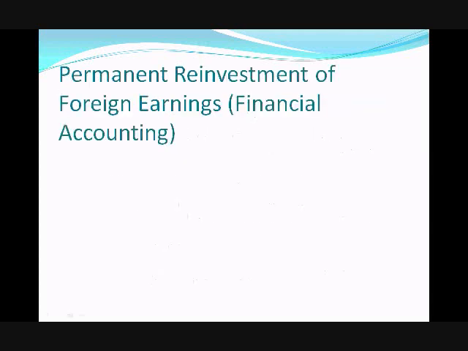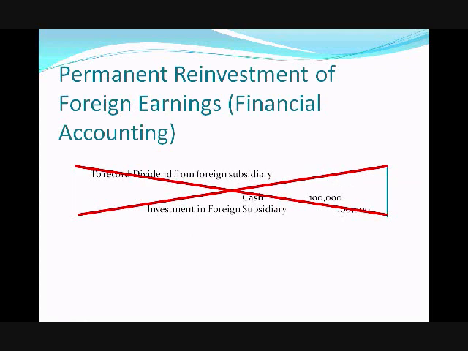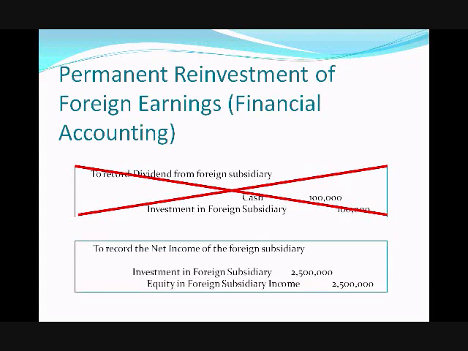Instead, this amount would be a part of the whole foreign subsidiary income, so the dividend amount would be reflected in the U.S. parent's books as an accrual of the subsidiary income, and we would debit the investment account and credit the equity in foreign subsidiary account. This creates a temporary difference since the income of the foreign subsidiary is recognized in the consolidated income for financial purposes, but for tax purposes, the income is not taxed until it is repatriated, or in other words, brought into the United States.